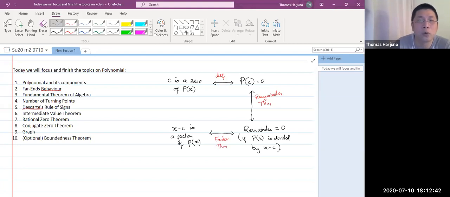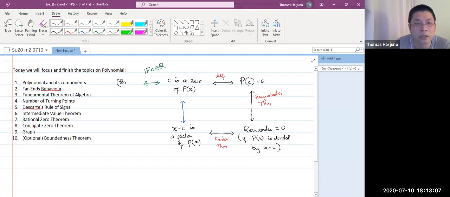Okay, and therefore, the consequence is, if c is a zero, it means x minus c is a factor. Now, in addition, if c is a real number, then (c, 0) is an x-intercept of p(x).